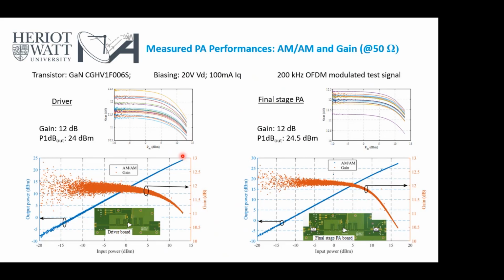We have tested all the boards separately, and you can see the gain curves shown here, and there is a slight performance difference between each board, and we pick some typical performance of the driver boards on the left and final stage PA boards on the right. So gain is around 12 dB and P1 dB output around 24 dBm something.